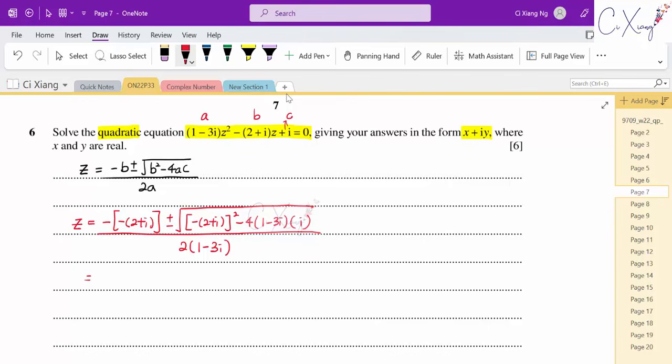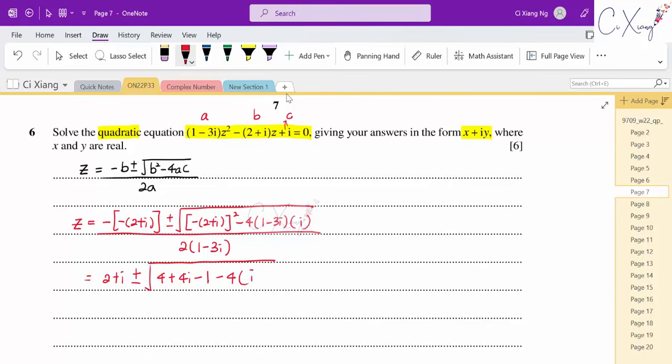Okay, so if I simplify, the negative becomes positive, and then when I square 2 plus i, I will have 4 plus 4i plus i squared, which is minus 1. Then I multiply the i into the bracket.